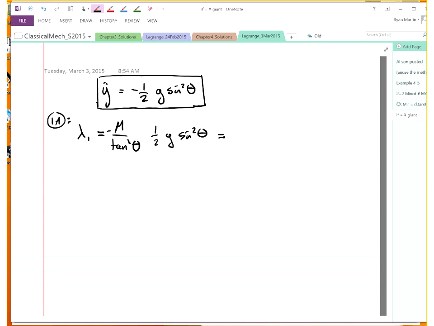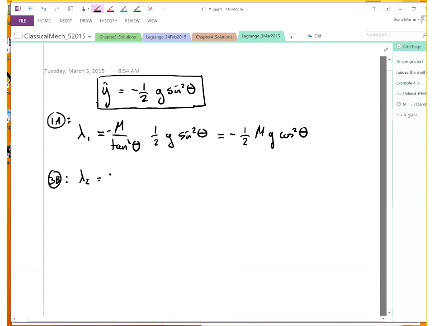So now we know what lambda 1 is in terms of constants. So the 1 over tan squared is cos squared over sine squared, right? So that'll cancel the sine squared, and I'll have minus a half mg cos squared theta. That's what lambda 1 is equal to.